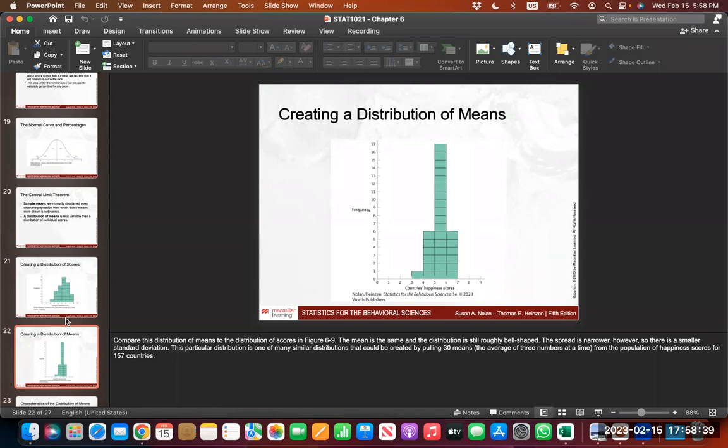So it gets slimmer. And the mean of all these means will essentially be very accurately reflecting that mean that you really see in your population.